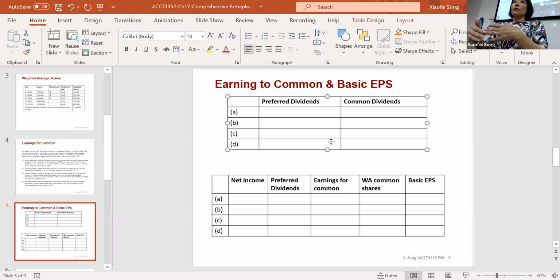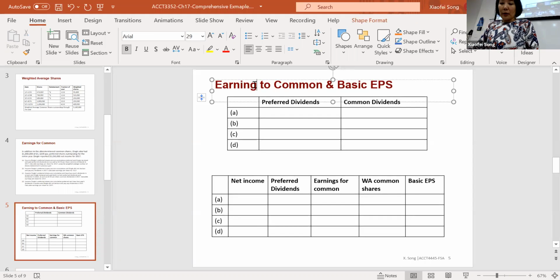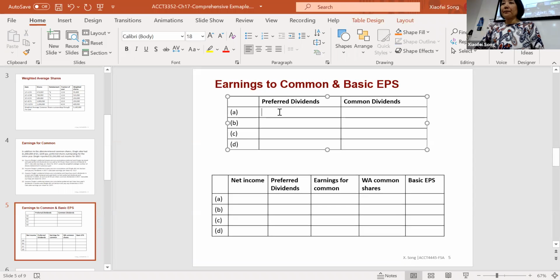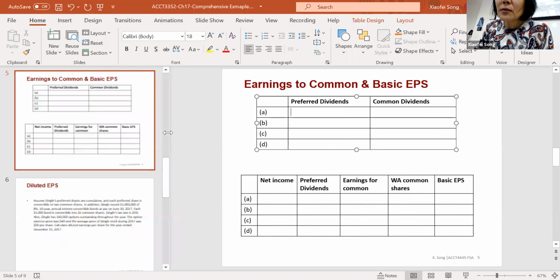Then, based on what we calculated there, we determine how much dividends should be adjusted from net income to determine earnings belonging to common for the computation of basic earnings per share. Okay, so in the first situation, Dingo, let me do this so I can see it a little bit clearer.